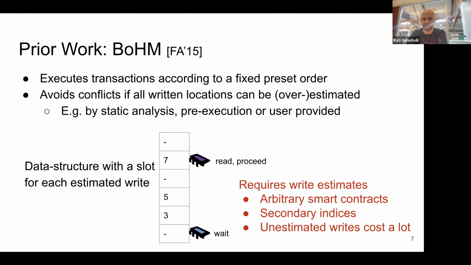Anytime you make a mistake and the transaction ends up writing to a location that it wasn't estimated to write, there is nothing the algorithm can do, and the authors outline themselves that in this case you pretty much have to restart the whole execution from scratch, taking this new location into consideration as an estimate.